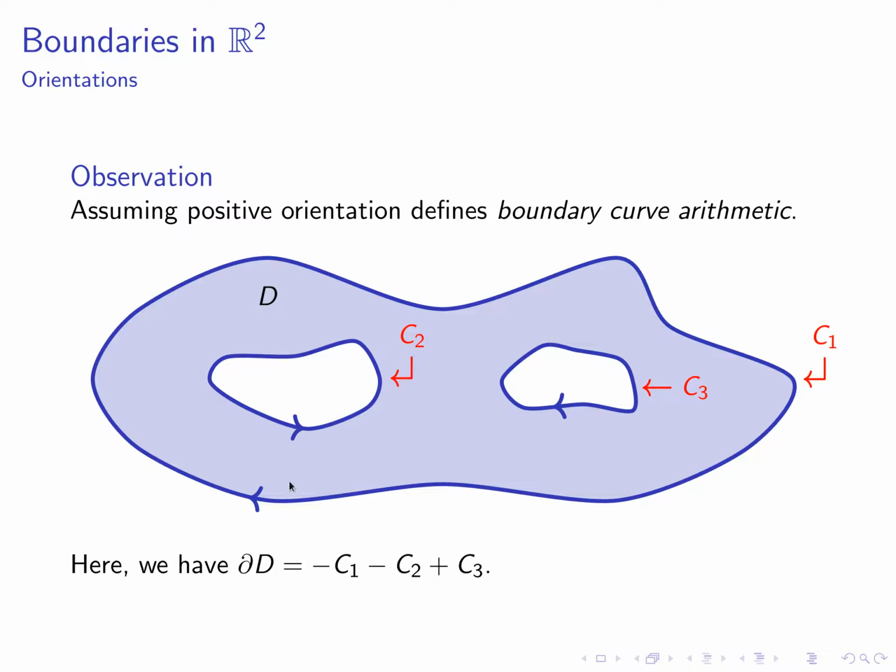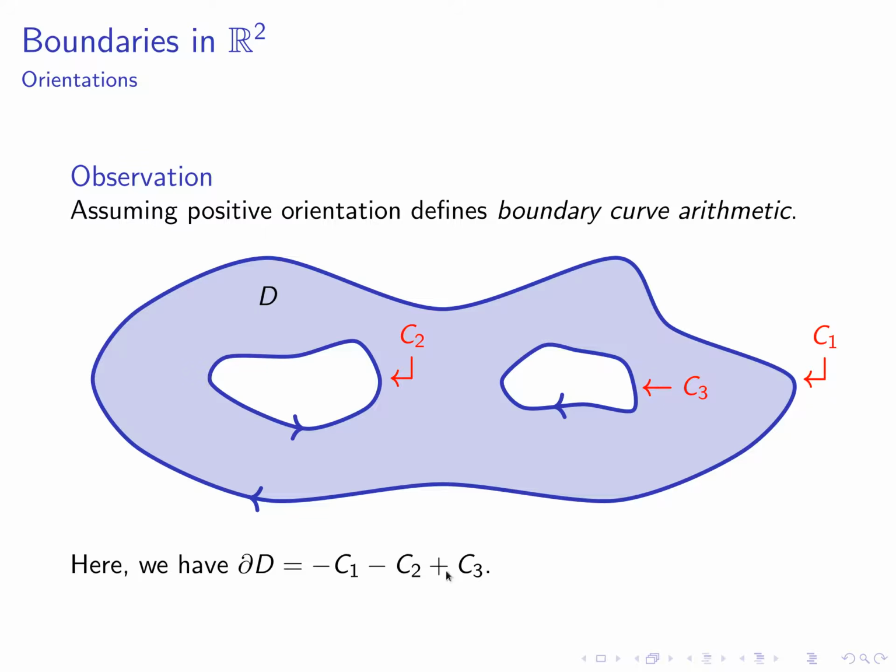So if we assume that the region is supposed to have the positive orientation, the way we would indicate this, given these particular parameterizations, is we would say that the boundary of this domain is negative C1, because C1 had the negative orientation. Then we would subtract C2 to indicate that C2 had the negative orientation.